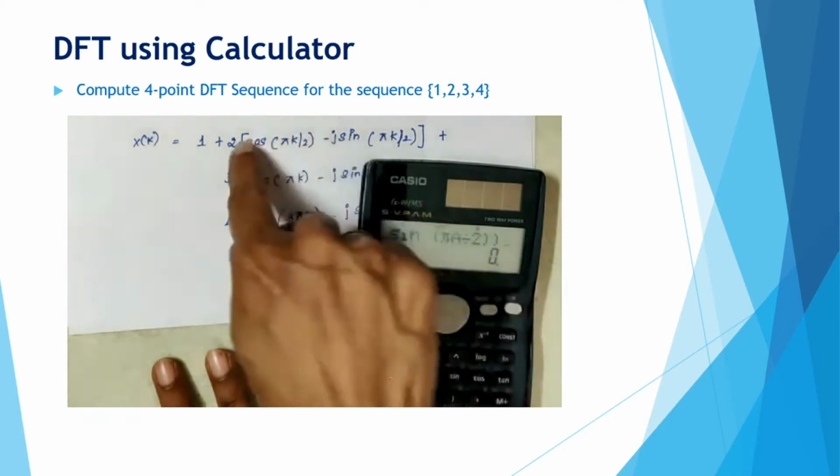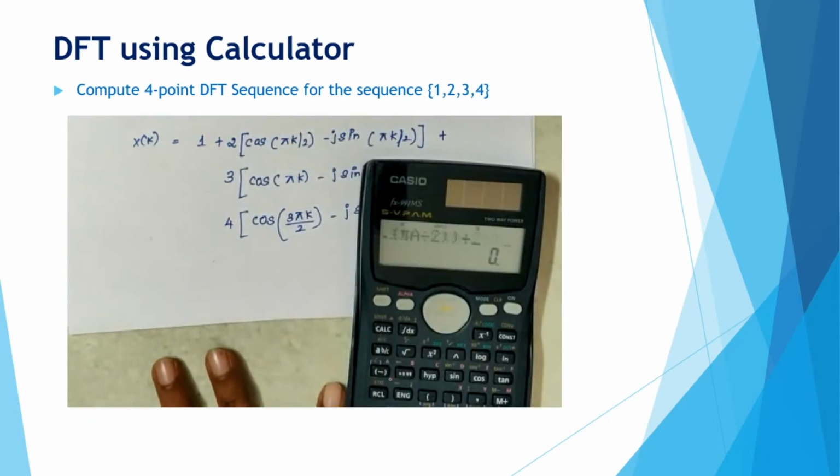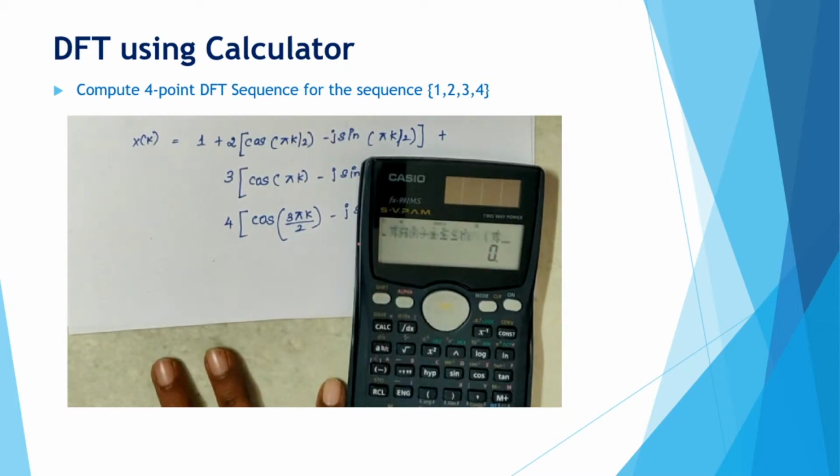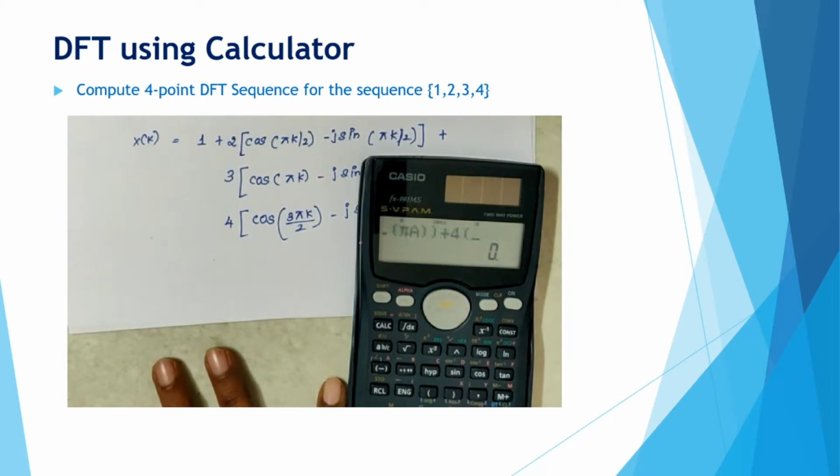Always you should enclose the angles in the brackets also. Don't forget this. Plus, type the second term, cos pi a plus I sine pi a. So I have completed the third term. Then you have to type the fourth term.